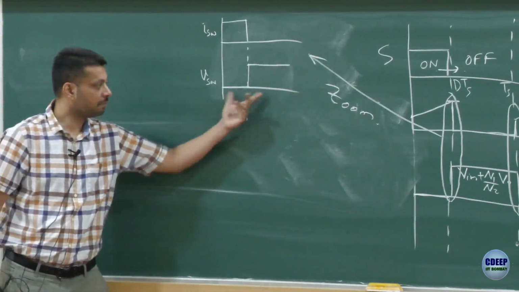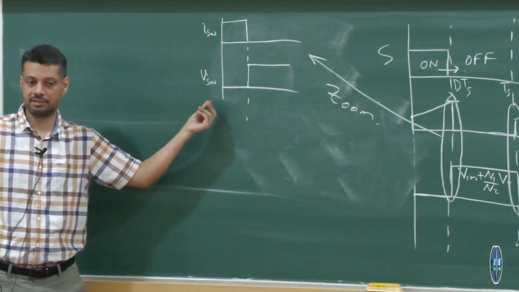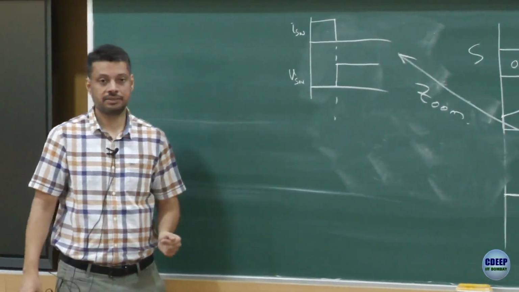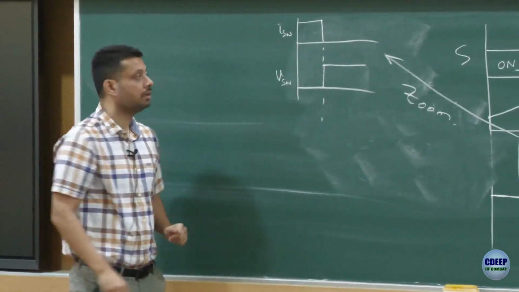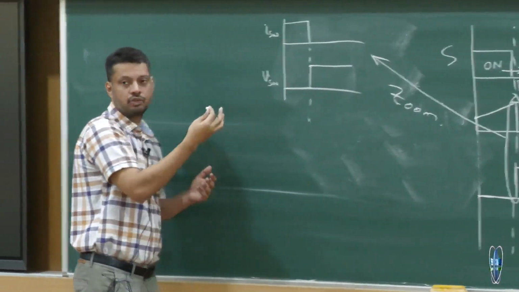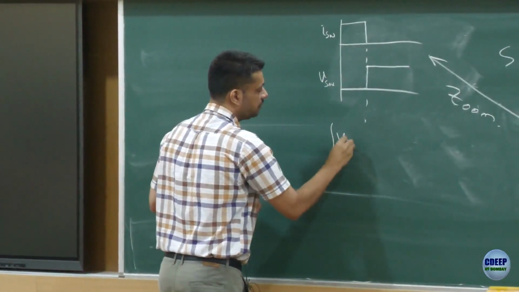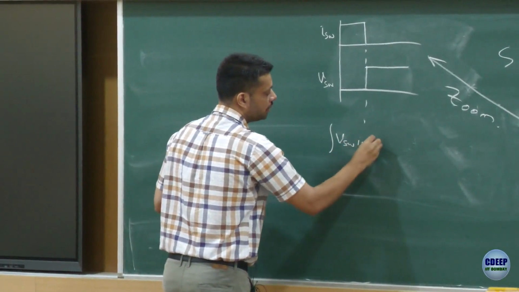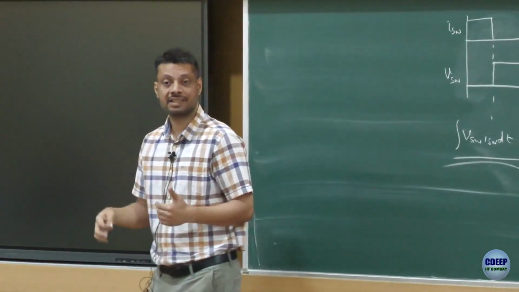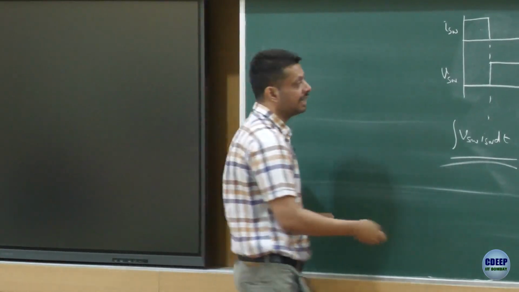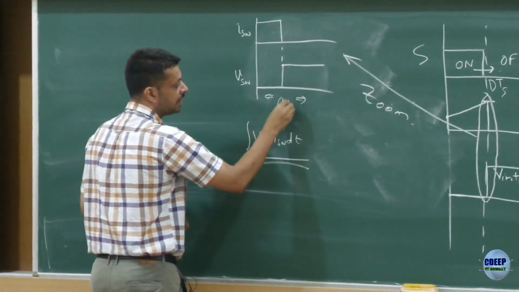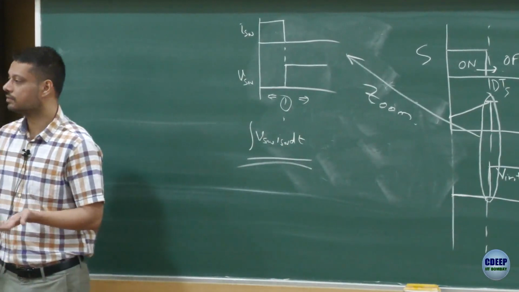Think of this time axis as not the same as that time axis; this is the zoomed version in terms of x-axis. In this case, the way I have drawn it, you see the current becomes 0 and then the voltage sharply increases. If you do the integral of V switch times I switch times dt, what is that? That is nothing but the losses that are happening in the switch. If you integrate on the left side, and on the right side, and during the transition, what you get is the losses.